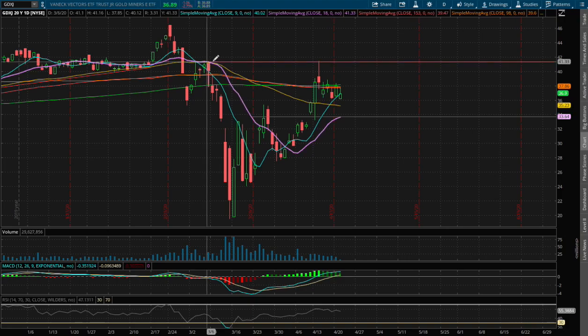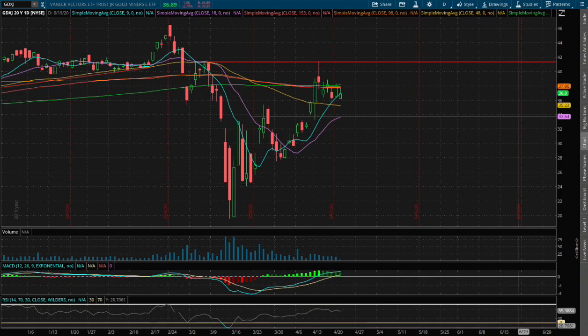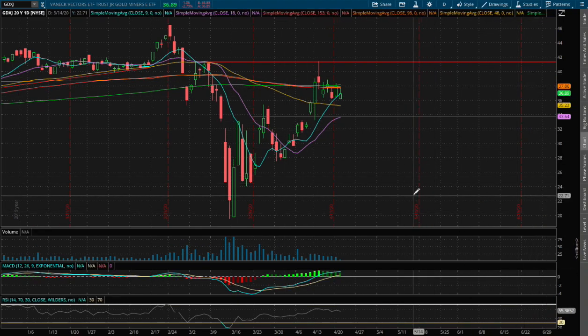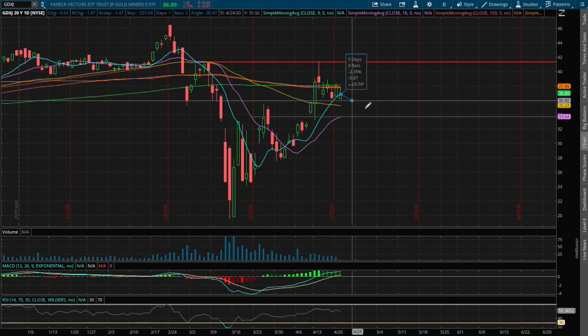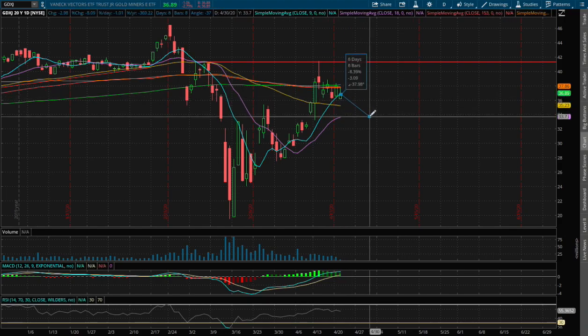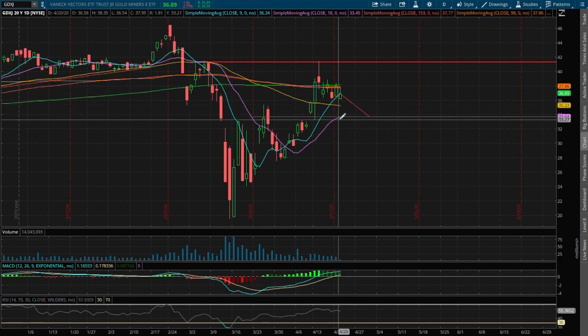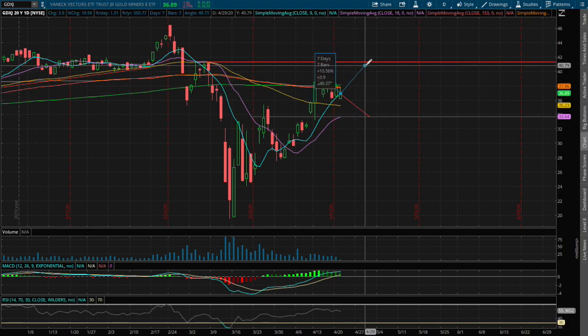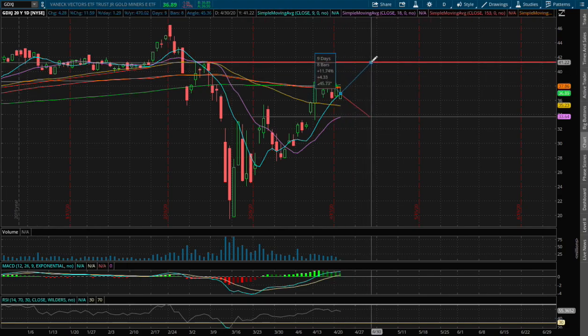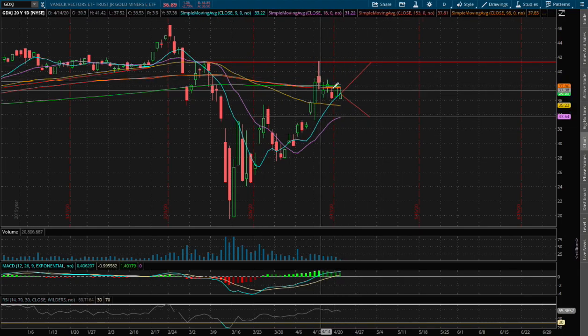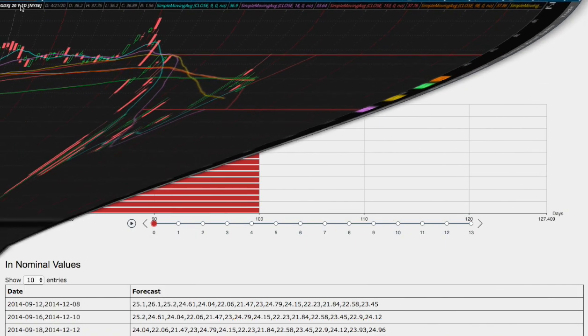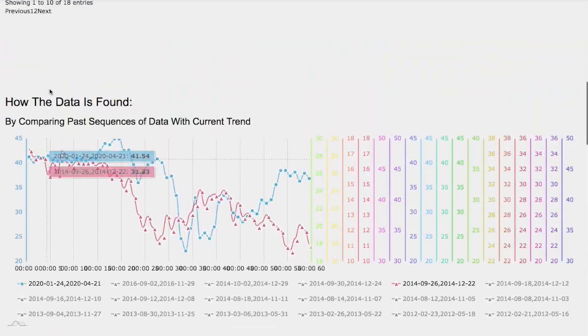We may encounter resistance very soon. If we do manage to fall lower, that price movement is roughly around 8.4% to head back to the 18-day moving average, and if we reverse and continue to head up higher, that price movement is roughly around 11.8% to next resistance. So let's head to the day-by-day probability model.